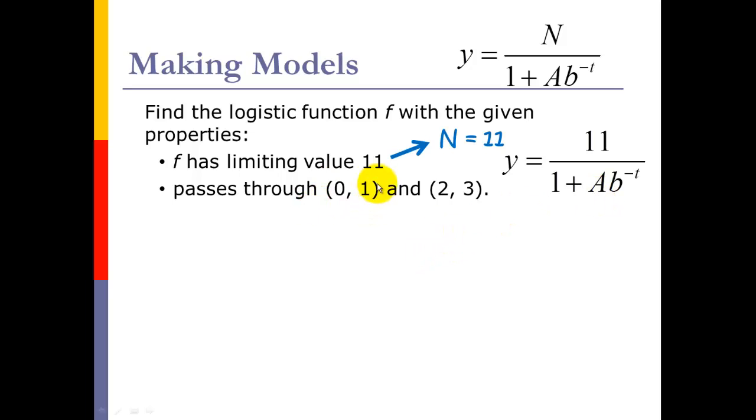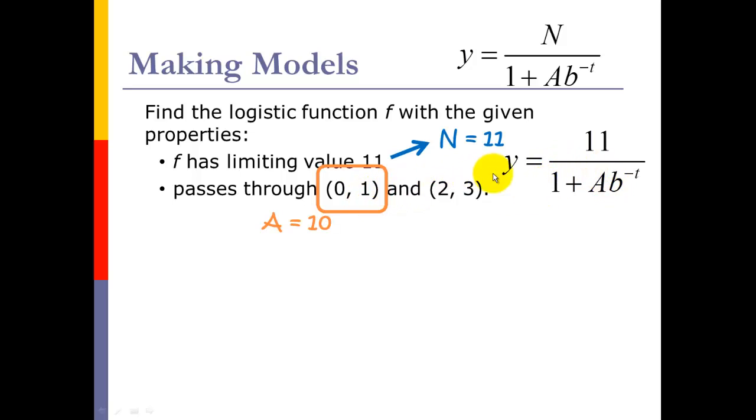Then we'll use our data point 0, 1. So at time 0, we have a y value of 1, and automatically that's going to be A equals 10. You might be wondering, where'd you get A equals 10? Well, let's take a look. When we plug in 0 for t here, b to the 0 power is 1. So the only thing we have in the denominator is 1 plus a.